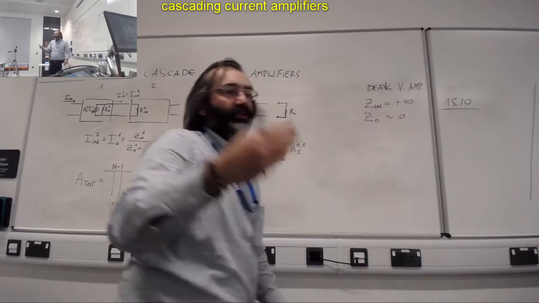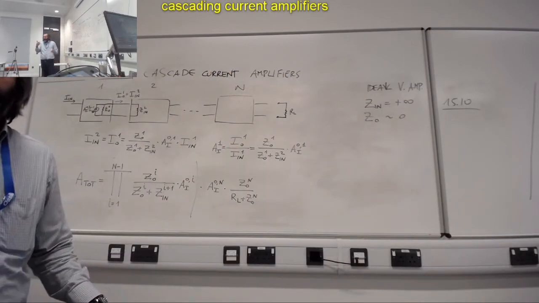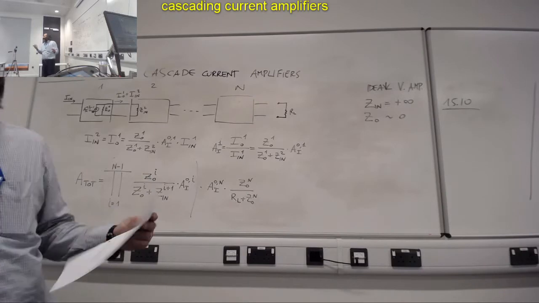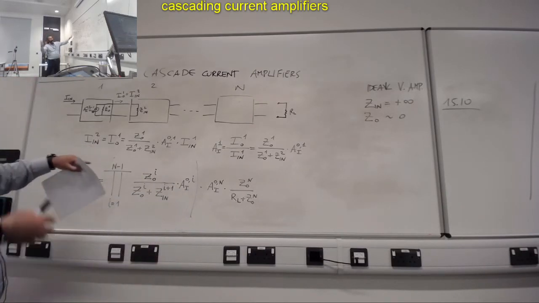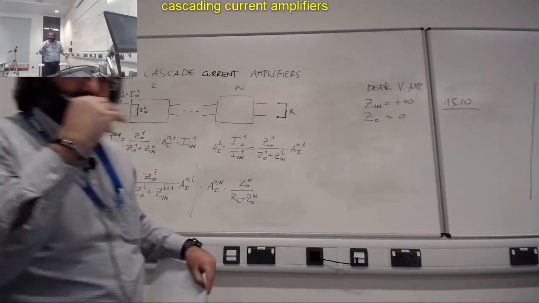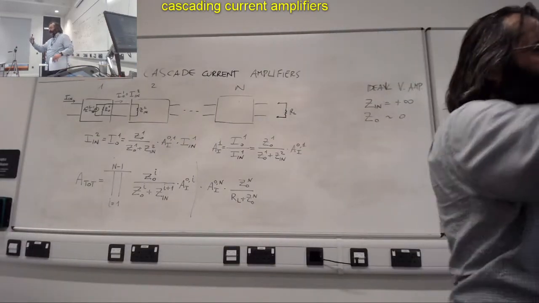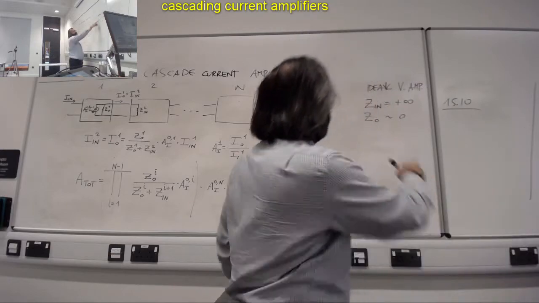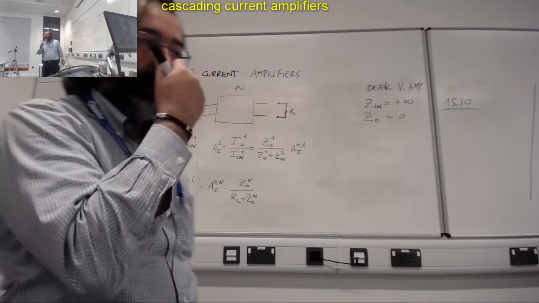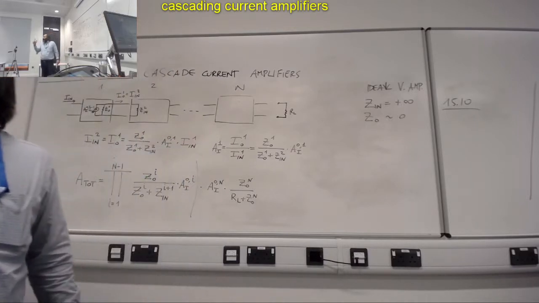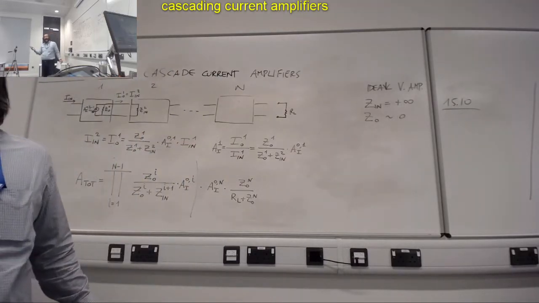Z input infinite means that it doesn't draw any current, isn't it? Because the current in input, we've removed it now, is the V input over Z input. So if Z input is infinite, there is no current going in input, which is good. So it only requires voltage, effectively, no current.